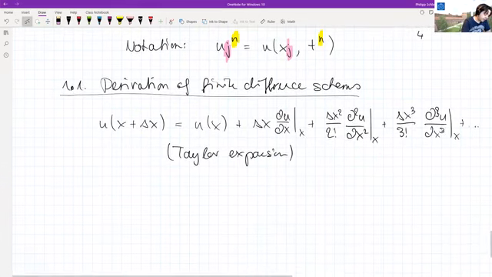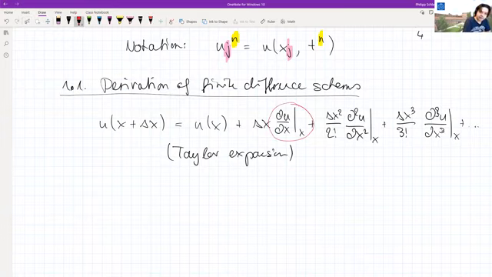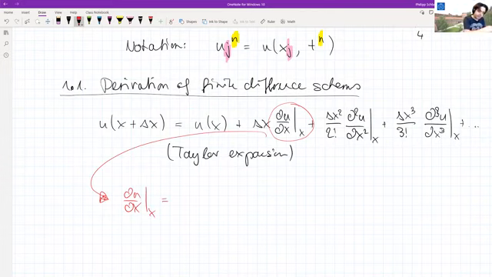So now, how can we use this to define a derivative? Well, what we see here is that there is actually a derivative du/dx at position x appearing right in this equation. So we can just take that and write that on the left side. So we have du/dx at x, and now we can just put everything else on the other side, and we get u at x plus delta x minus u of x divided by delta x.